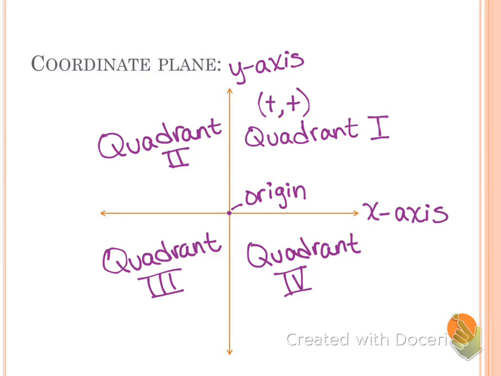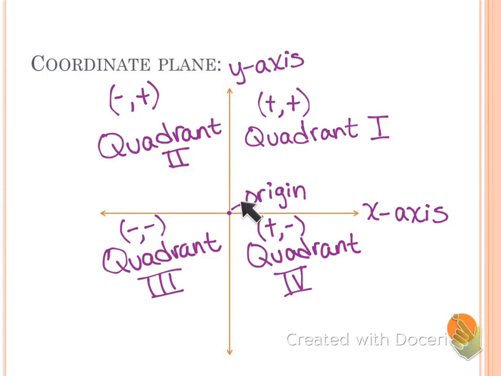And if we want, we can fill in what's positive and negative. So in quadrant 2, x is negative, y would be positive. In quadrant 3, x is negative and y is negative. And in quadrant 4, x is positive, y is negative.